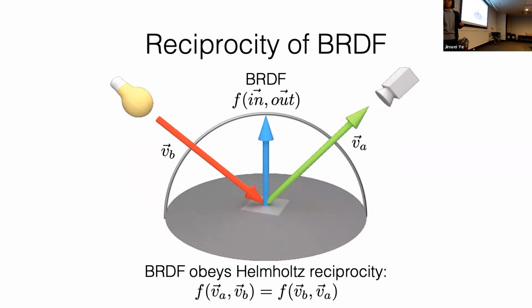The reciprocity of the BRDF basically says that if the incident and exit directions are simply reversed, meaning that incident becomes exit and exit becomes incident, then the BRDF value remains the same. The BRDF value is basically the ratio between the light that comes in and goes out. That is because of the property of reversible light paths. This is a very well-known property of surface reflectance, the BRDF function.